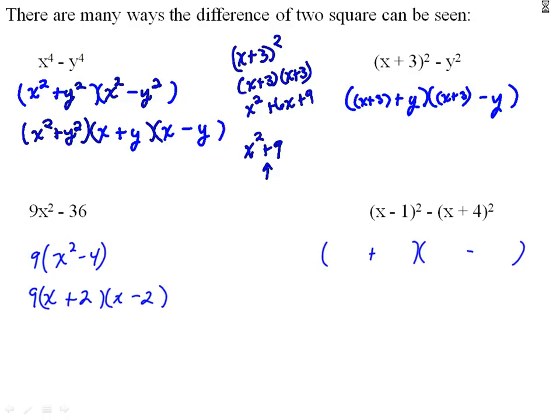Now, the problem above, we took the square root of a binomial squared, right? So you know how to do this, yes? What is the square root of x minus 1 quantity squared? So that's going to go up front. What is the square root of x plus 4 quantity squared?